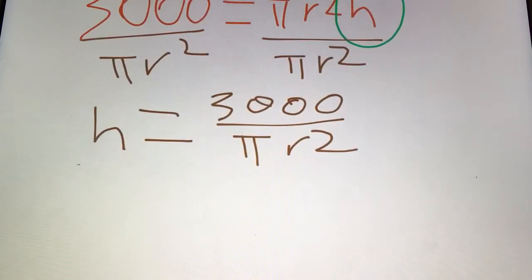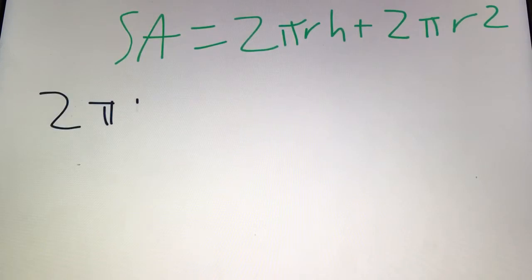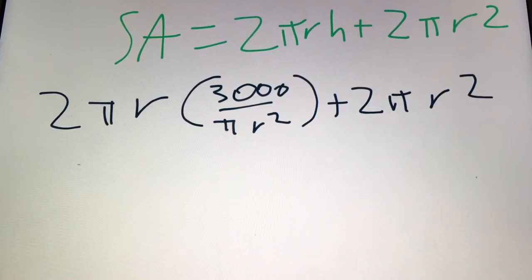So let's do that. I'm going to start a new page. Let's rewrite our surface area equation so we don't forget. Remember, it's 2 pi r h plus 2 pi r squared. And let's plug h into it. So we'll rewrite that as 2 pi r times 3,000 over pi r squared plus 2 pi r squared.